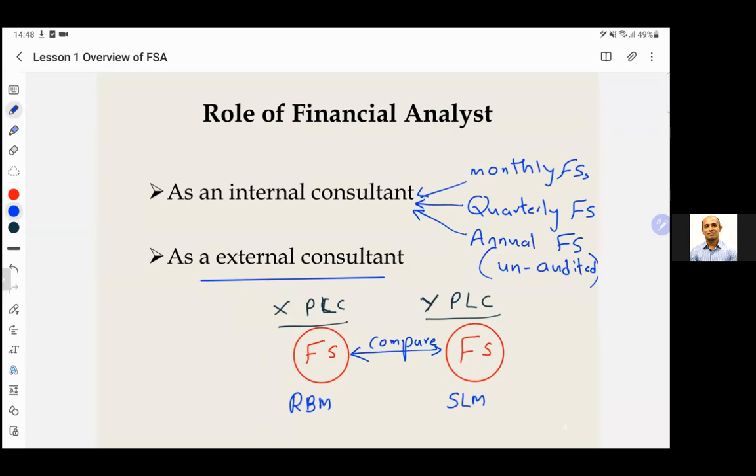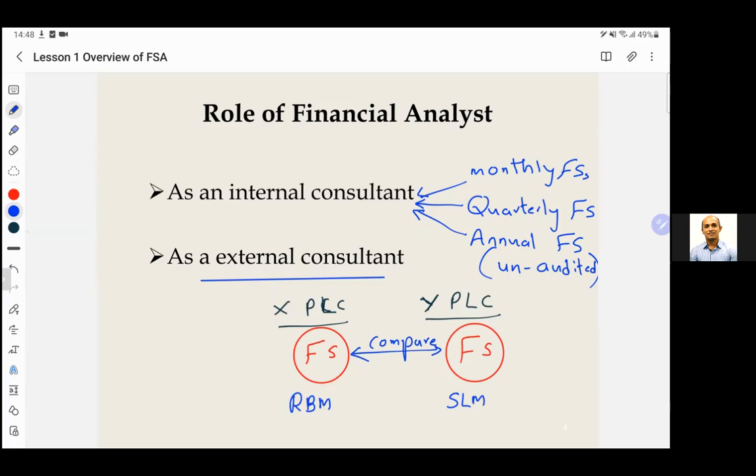Now you see the companies' depreciation policies are different. Are these financial statements comparable? Therefore, they are not comparable. So this is one example. You can't start the analysis because the two financial statements are not comparable.